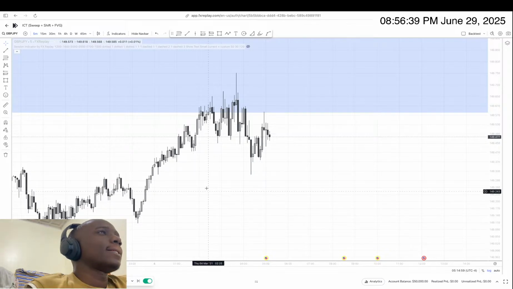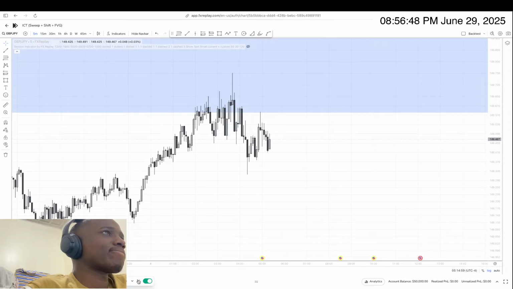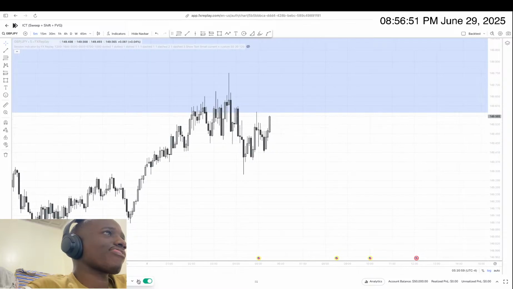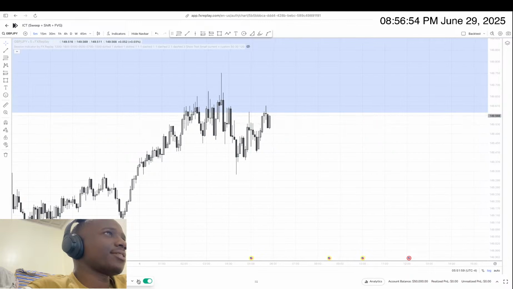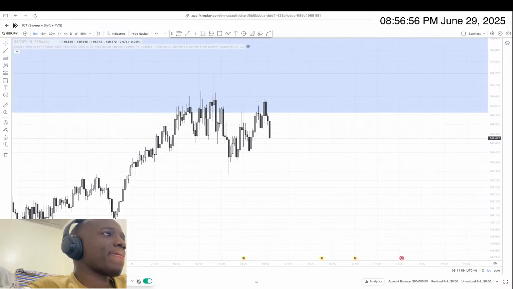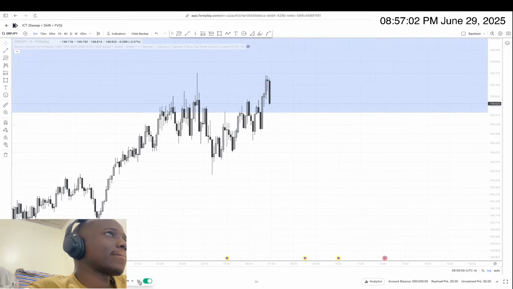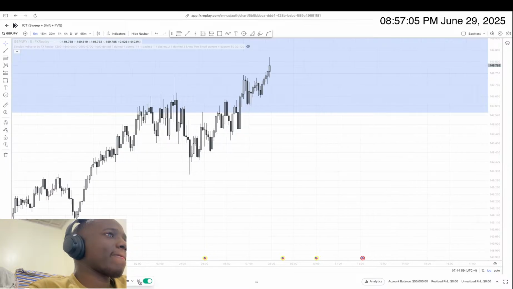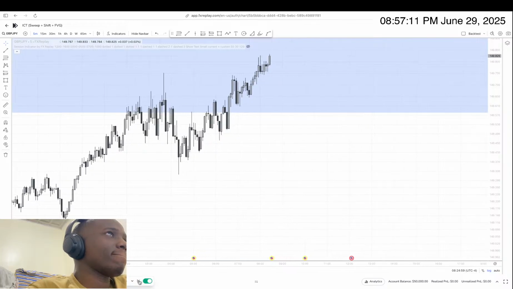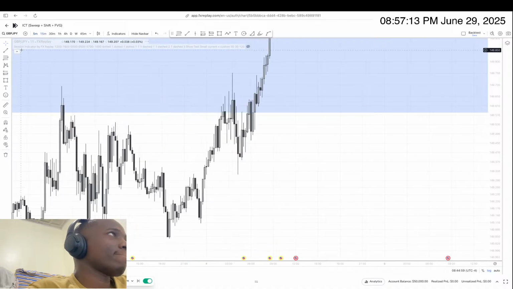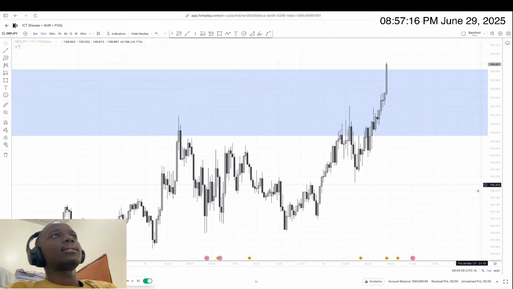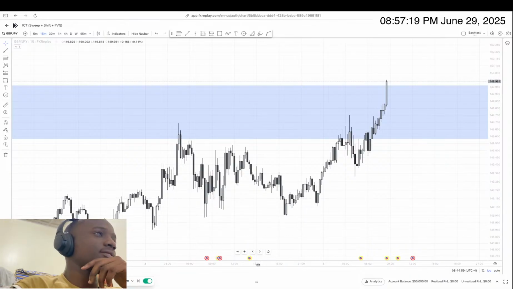Right. So we haven't got a full fair value gap retracement yet. Looks like the market is consolidating in these areas. It looks like DJ wasn't offering some opportunities so far.